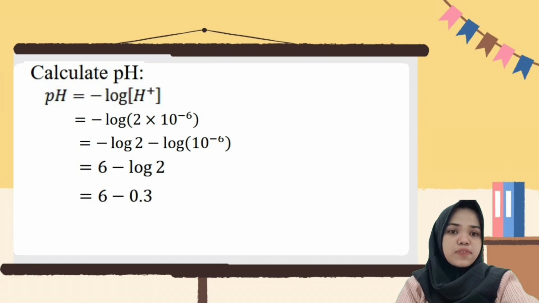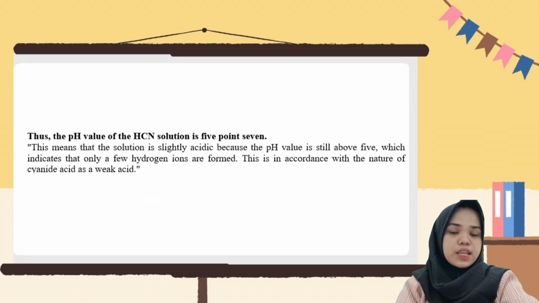So, the negative of (0.3 minus 6) is the same as 6 minus 0.3. The result is 5.7. Thus, the pH value of the HCN solution is 5.7.